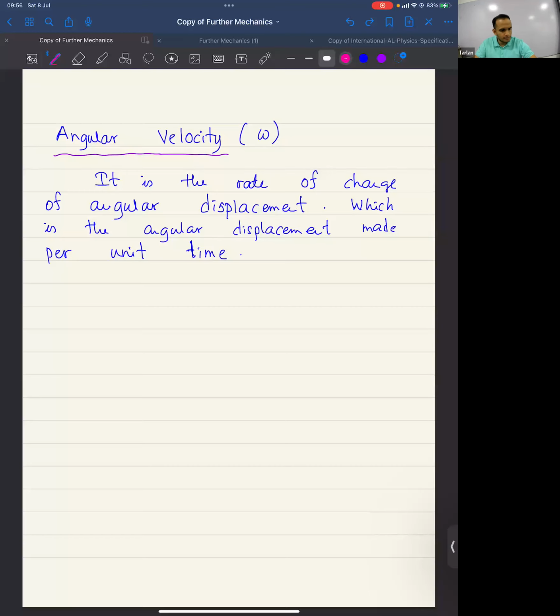That is the angular displacement made per unit time. Okay, guys, draw this diagram.